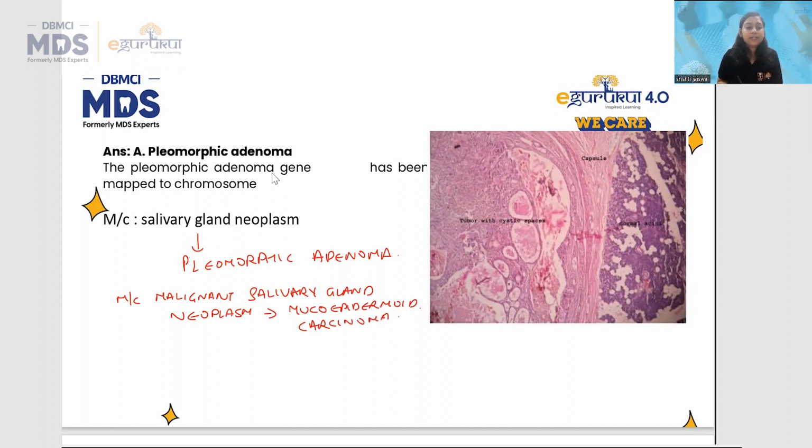Now, the term pleomorphic is used because it shows multiple morphologies.